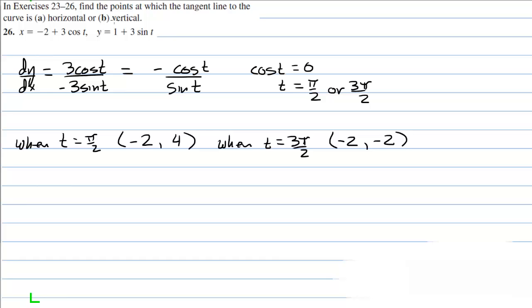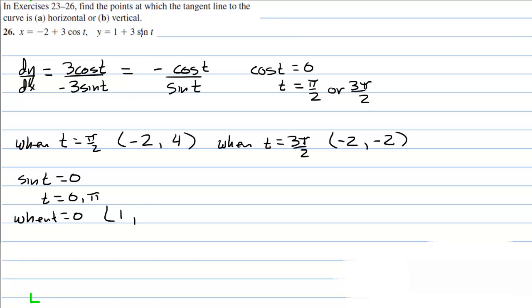The tangent line will be vertical when the denominator is 0. So we want to know when sine of t equals 0, and that's 0 and pi. So when t equals 0, cosine of 0 is 1, negative 2 plus 3 is 1.